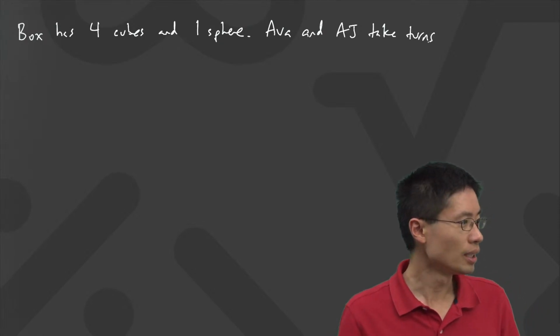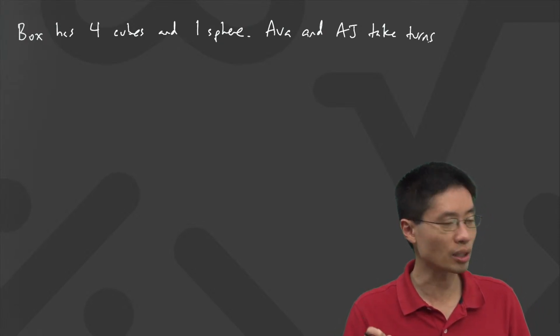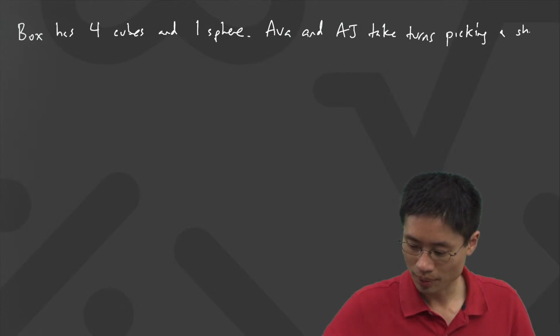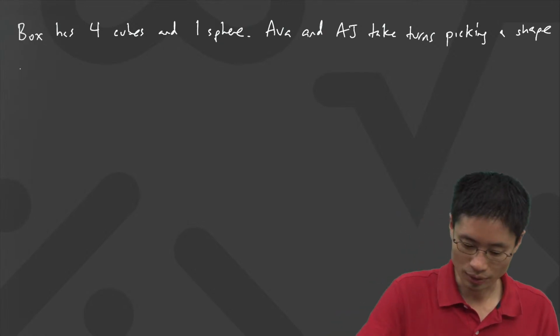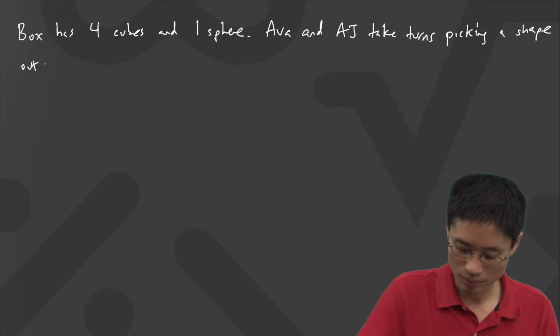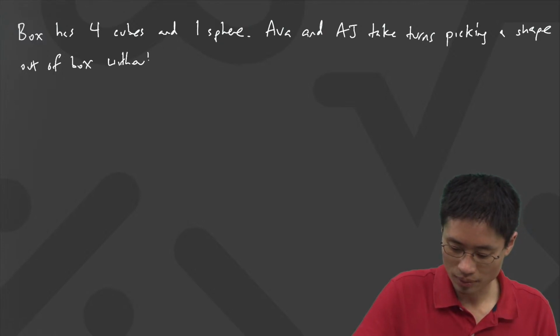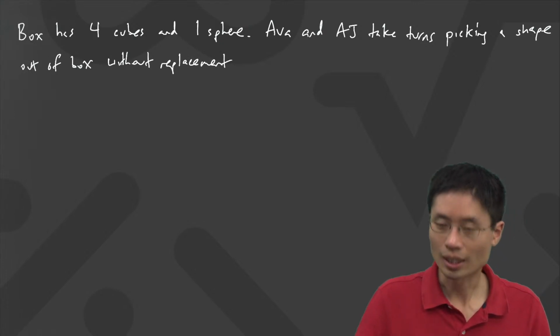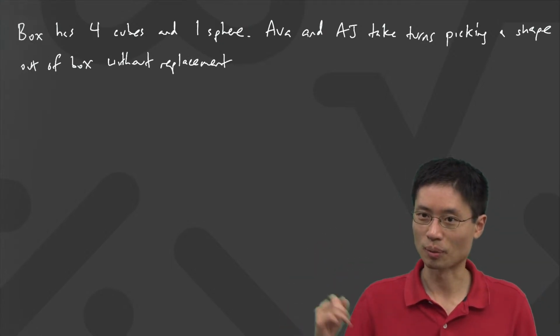And what are they doing? They're picking a shape out of the box without replacement. That just means that shapes are disappearing from the box.